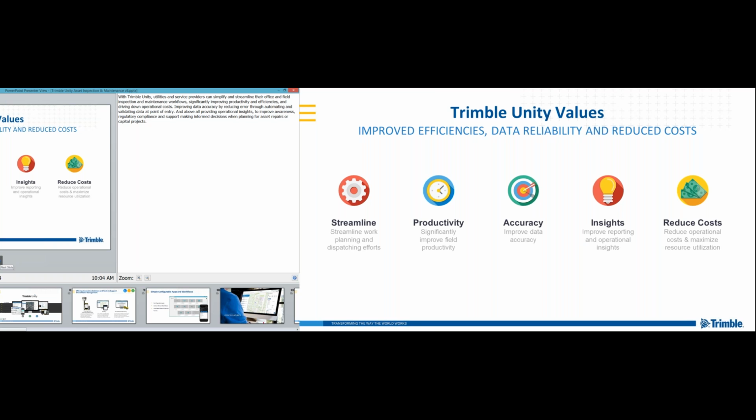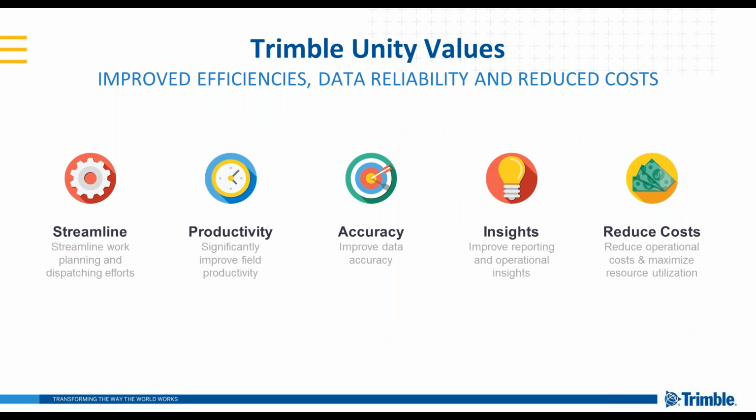Also improving data accuracy by reducing error through automating and validating the data at point of entry in the field. And above all, providing operational insights to improve awareness, regulatory compliance, and also support making informed decisions when planning for asset repairs or capital projects.